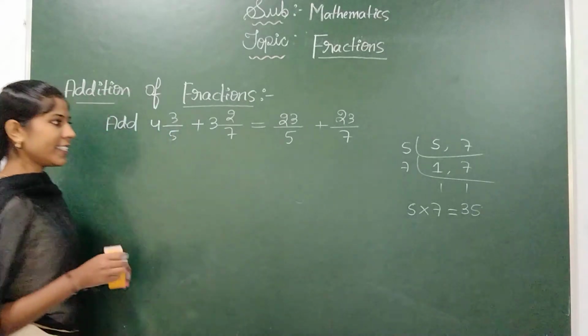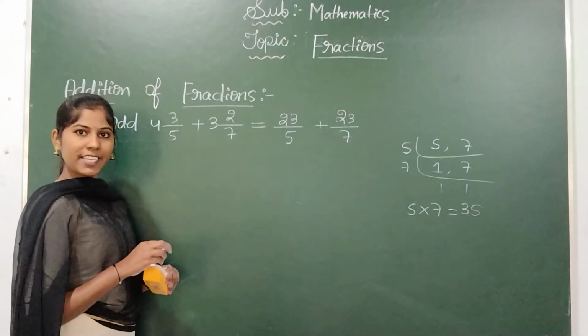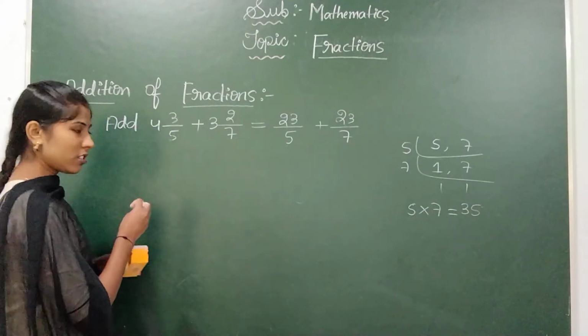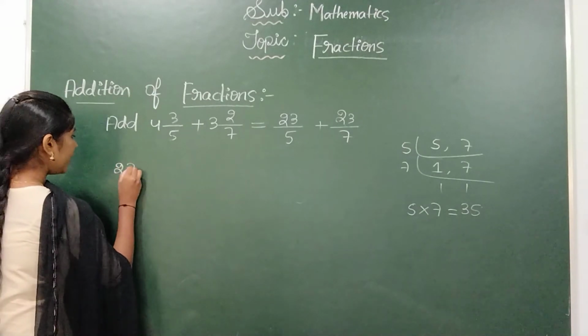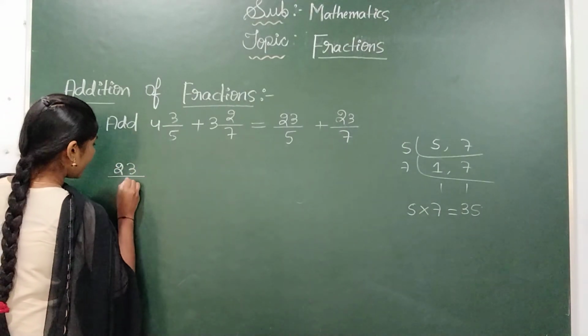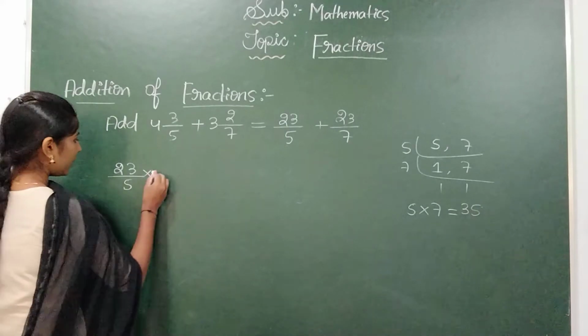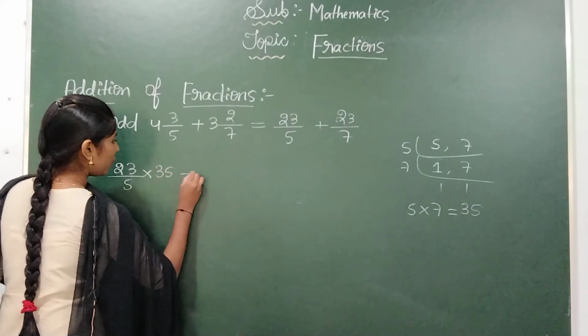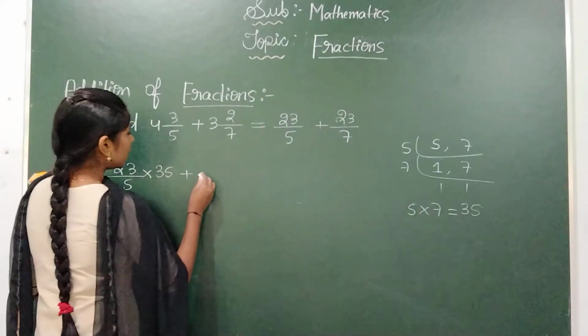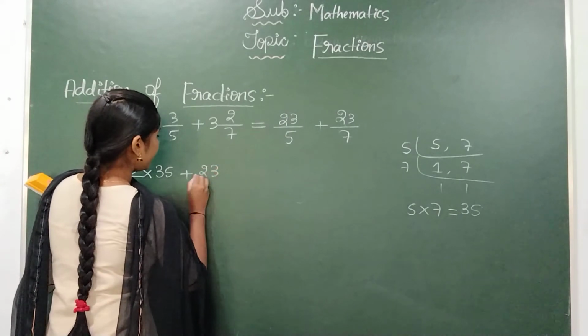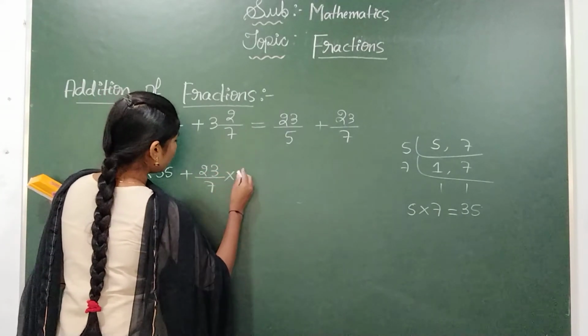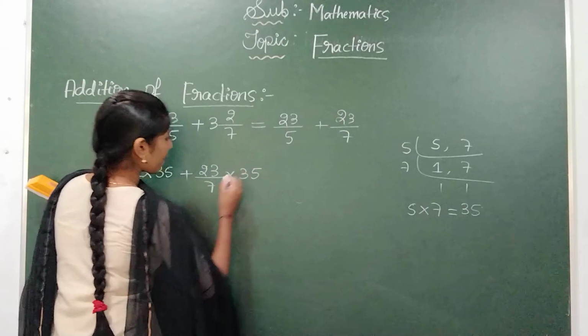After finding the LCM, multiply the LCM with the fractions. So 23 divided by 5 into 35 in the numerator. The next, 23 divided by 7 into 35.